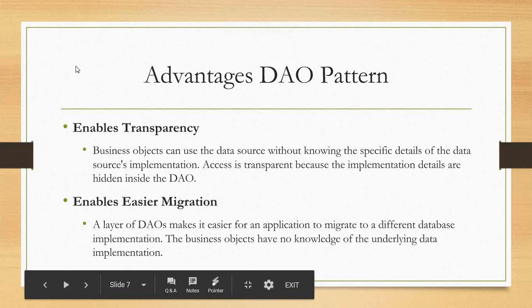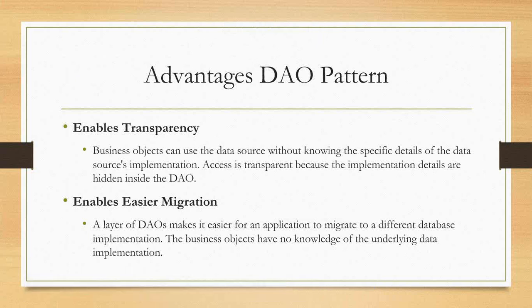So business objects which use these DAOs can interact with the database server without having any details about the database or data source, right? Because the data access code is actually in the DAOs. So the data source code is in the DAOs.